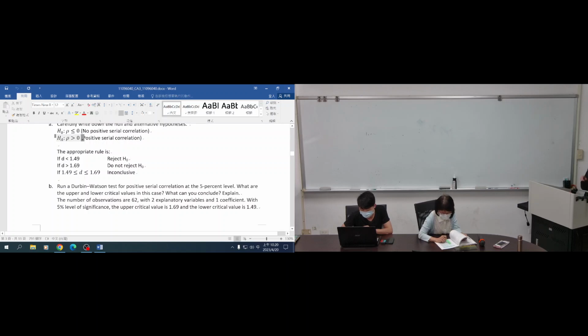If D is higher than 1.69, do not reject the null hypothesis. If D is between 1.49 and 1.69, it is inconclusive.